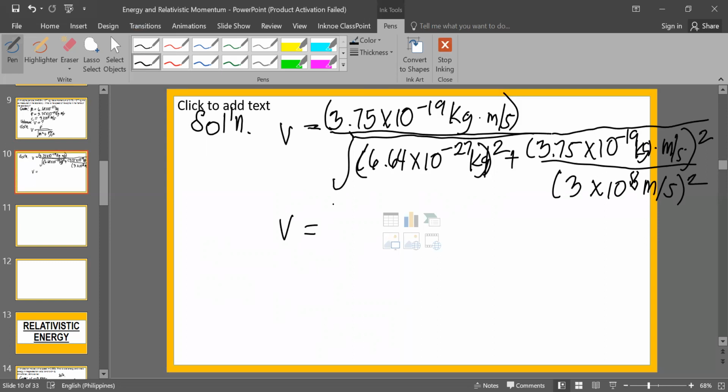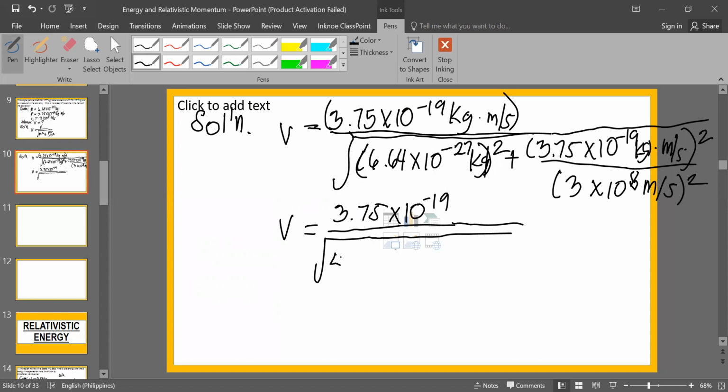So, let's just bring this down. 3.75 times 10 raised to negative 19. Yan yung momentum natin. Tapos, kunin natin yung square ng mass ng particle na yan. 6.64 times 10 raised to negative 27. Square, that would be equal to approximately 4.409 times 10 raised to negative 53. Nakadepende sa inyo pero sa akin 3 decimal places yung ginawa kong pag-round dito.